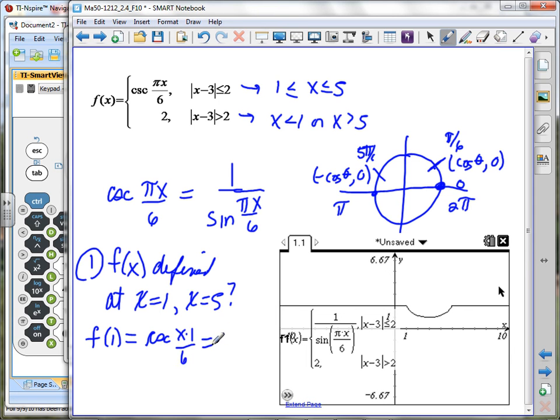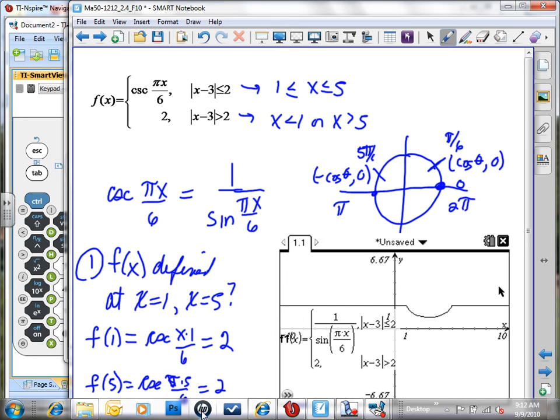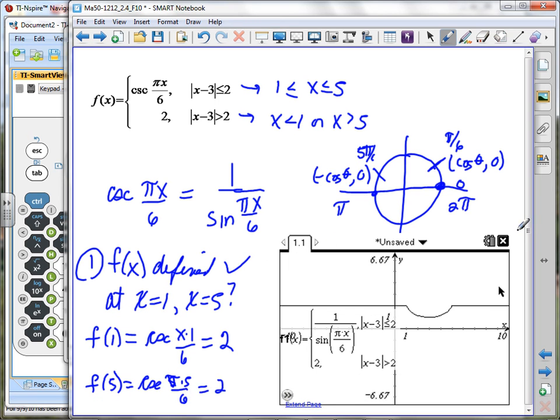We know that answer. We're not going to go back and do it again. The answer is 2. What about f of 5? Pi times 5 divided by 6, we found that also is equal to 2. So is the function defined at 1 and 5? The answer is yes. Check mark.